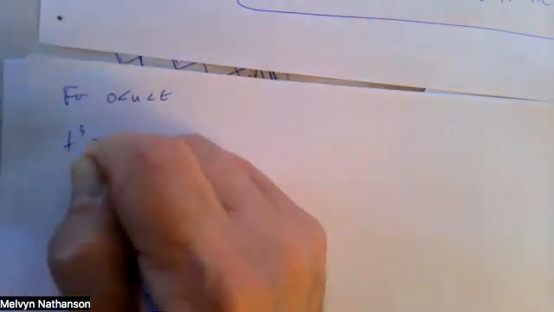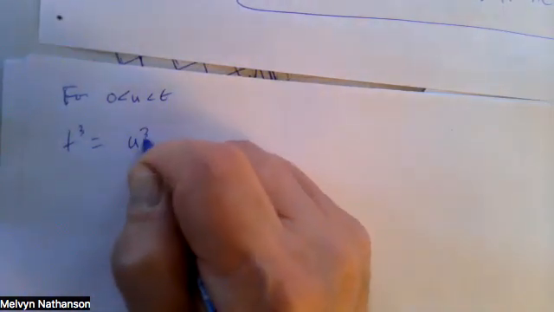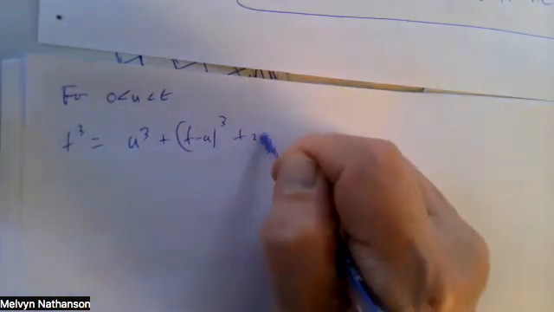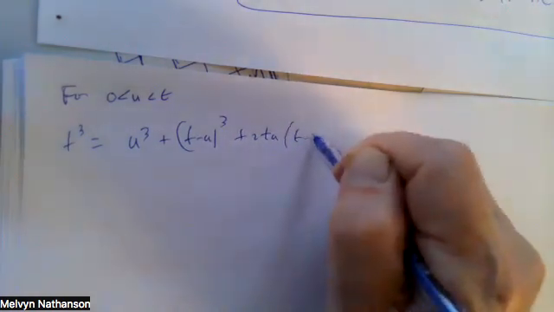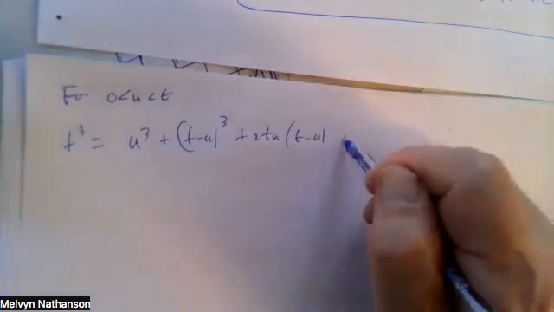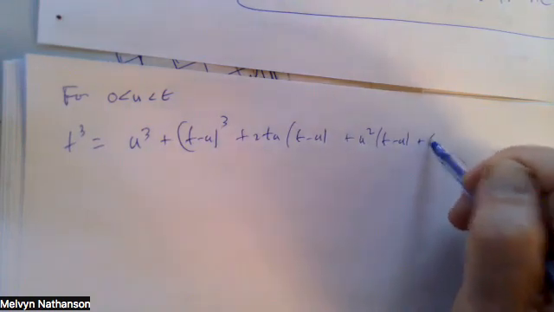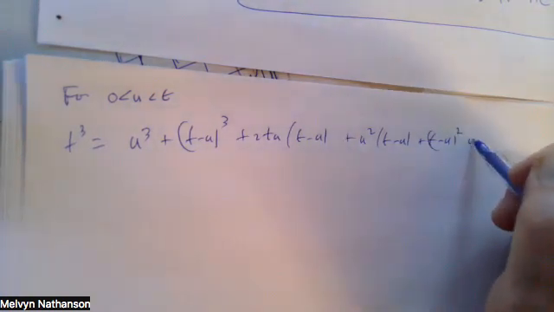So let me just write this down again. If I take any number u between 0 and t, t cubed is u cubed plus t minus u cubed plus 2tu times t minus u plus u squared times t minus u plus t minus u squared times u.